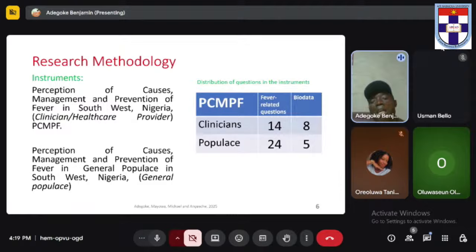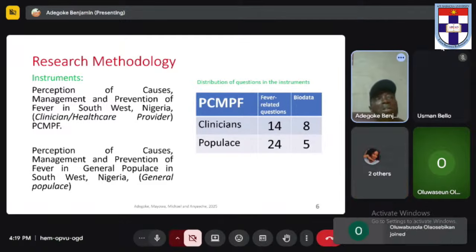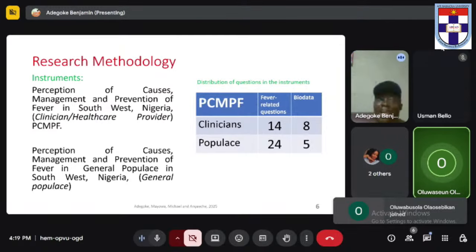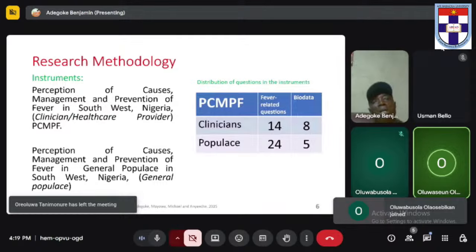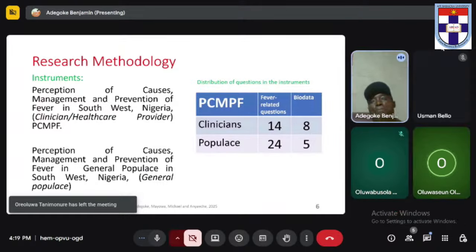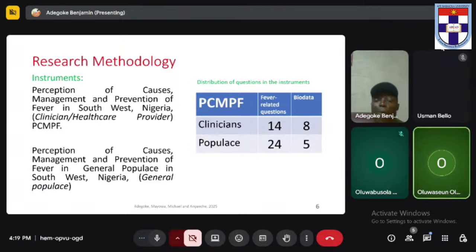The questionnaire for the clinicians has two sections. Section A deals with information about fever, while section B deals with data of the respondents. The clinicians had 14 questions about malaria or fever, and 8 questions that have to do with their own data.